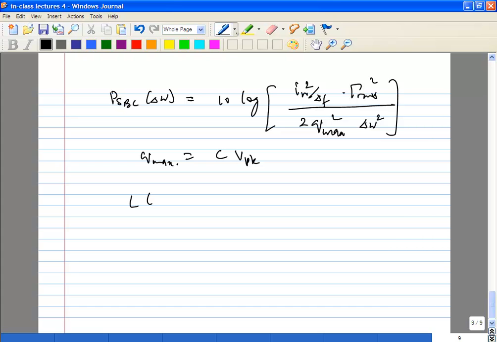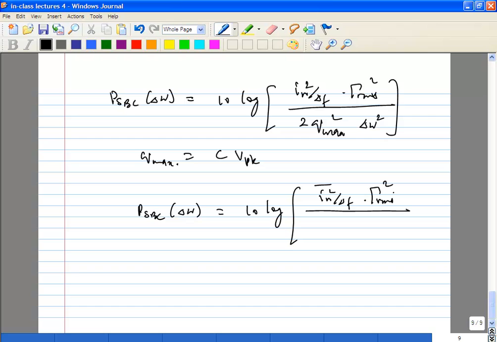So this is the general expression for the phase noise at an offset delta omega. Okay.